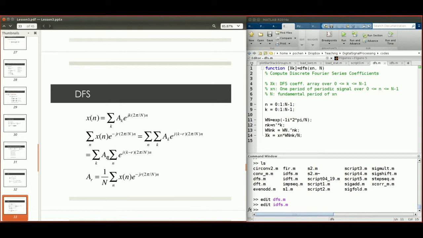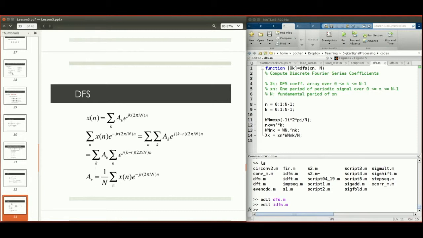That's ar. When k equals r, this summation equals big N, and when k is not equal to r, this summation is 0. So all the non-r terms contribute 0 to the summation. Only one term actually contributes to this summation over k. That's ar.